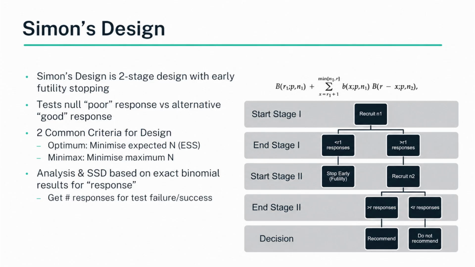Similarly, the good response proportion, under which the alternative is assumed, can be defined as the minimum proportion of successes, which, if true, would indicate that the drug has a high level of efficacy and that does warrant further investigation. So this can be considered the proportion of successes above which a drug would be considered good and be recommended.